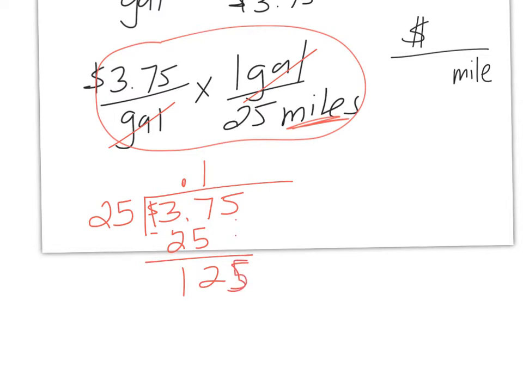And it goes in evenly 5 times. So my answer is 0.15 per mile. So dollars per mile. So 15 cents per mile. If you did the problem the other way, you'd end up with a cost of a lot more per mile, which is not a logical answer.